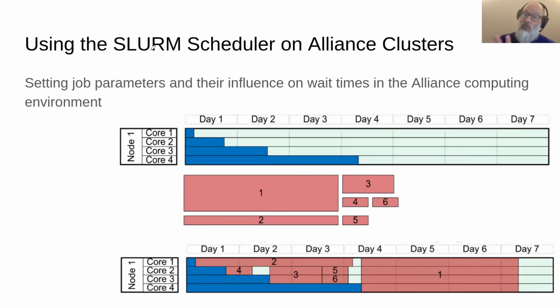That section of the course goes through a bunch of these examples of what happens to wait times depending on how you're allocating different resources in your job, and how you can actually change the job shape, the way that you submit it, so that the exact same type of computation can happen, but it will have substantially more opportunities to start sooner. That's what that section really kind of gets through.